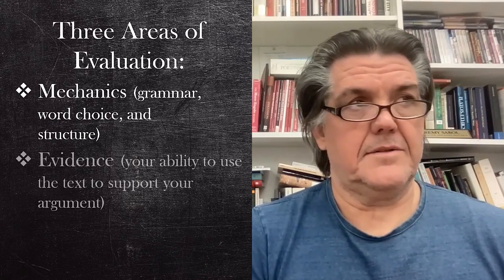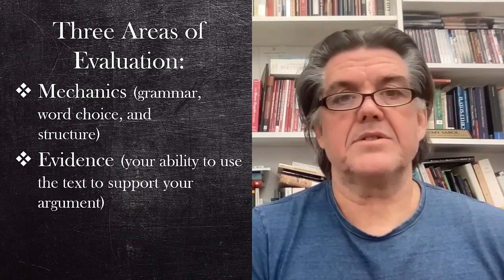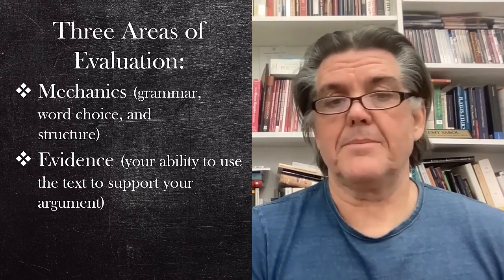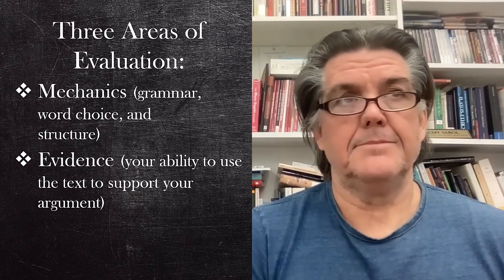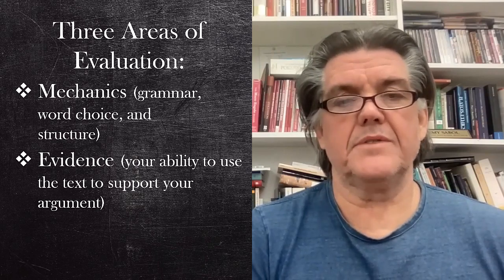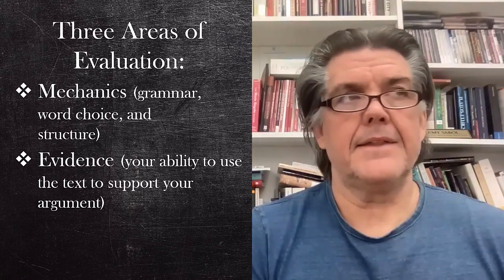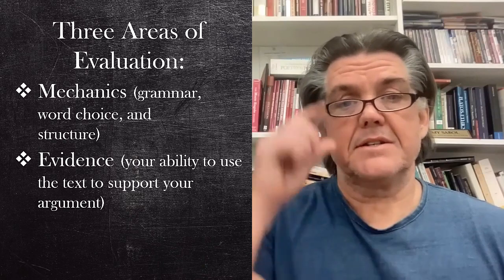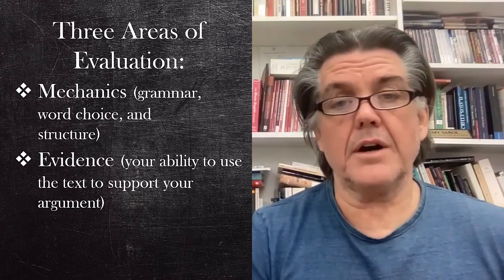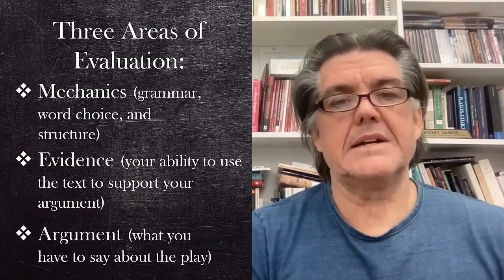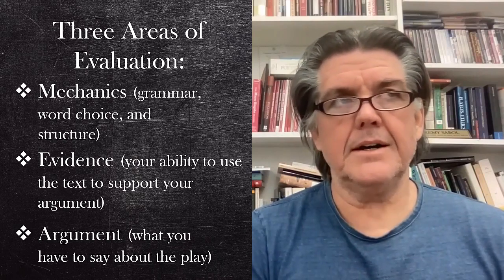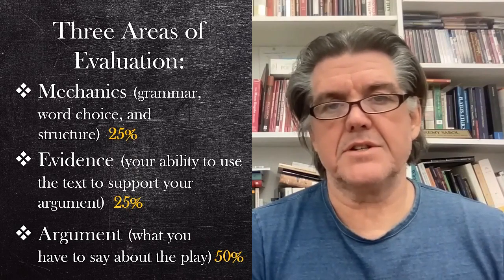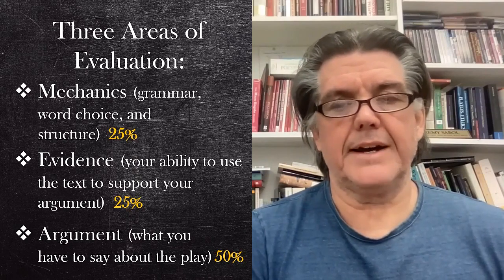That's your ability to point to the text for the arguments you're making, using quotations, talking about actions in the play, the things you appeal to in order to convince your reader of something. And the third category, which will actually be half of the evaluation, the thing that's most important to me, is your argument, what it is you've come to want to say about the play. That will count as 50%, and the other two will count as 25% each in determining a grade for the final essay.